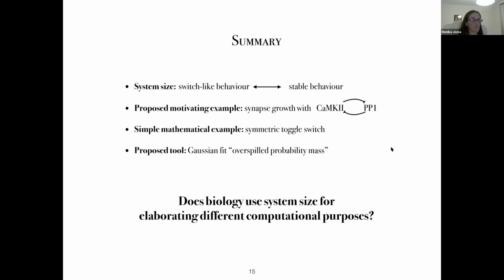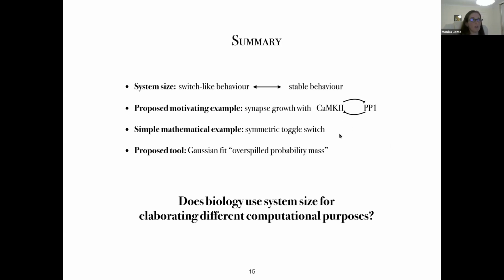So just to sum up, we talked about that depending on the system size, we can get switch-like behavior or stable behavior. And we talked about two different systems, but similar in a way. They are both mutually inhibitory systems of two populations. One is a more biological example, CaMKII and PP1. The other one is a more mathematical model, which is the toggle switch.